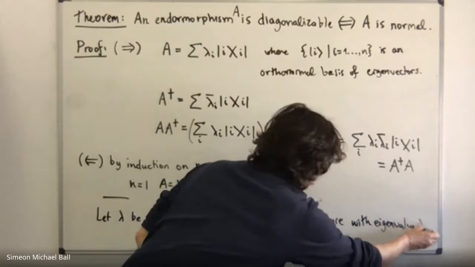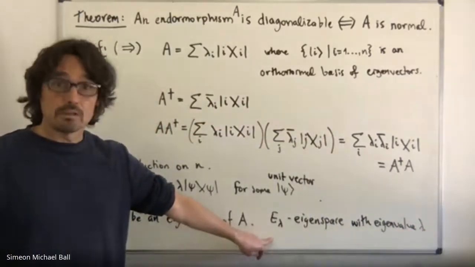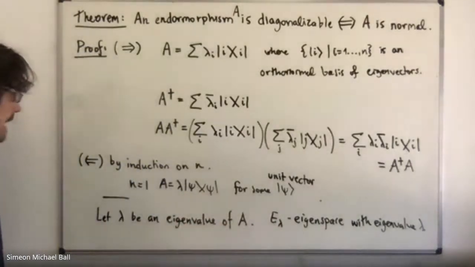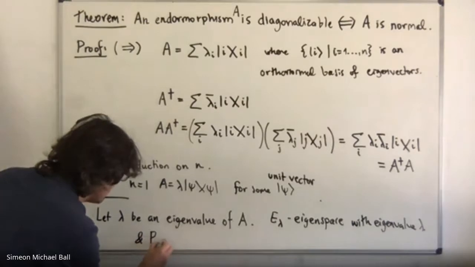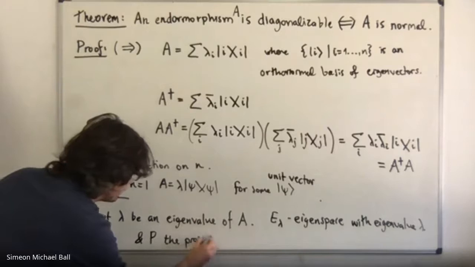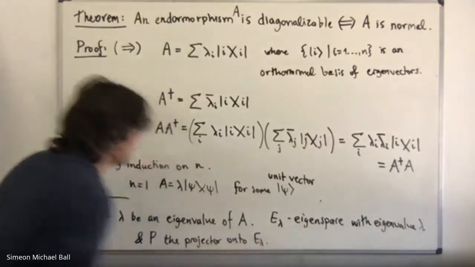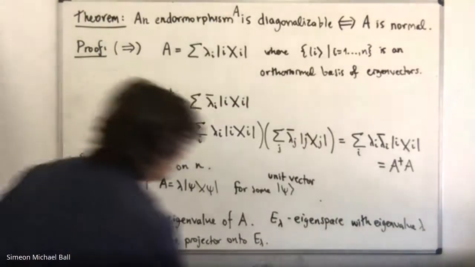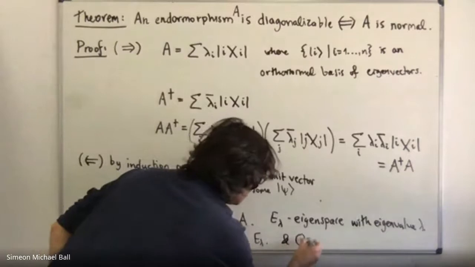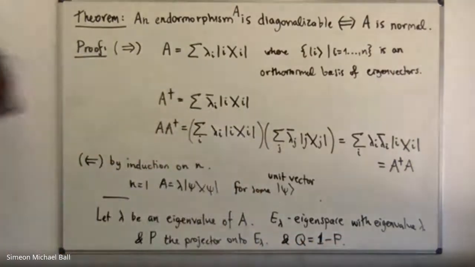Okay, so that consists of all the eigenvectors which have eigenvalue lambda with respect to A, and P will be the projector onto E lambda. And finally, Q will be what it was before, 1 minus P. Okay, it's the identity matrix minus P.